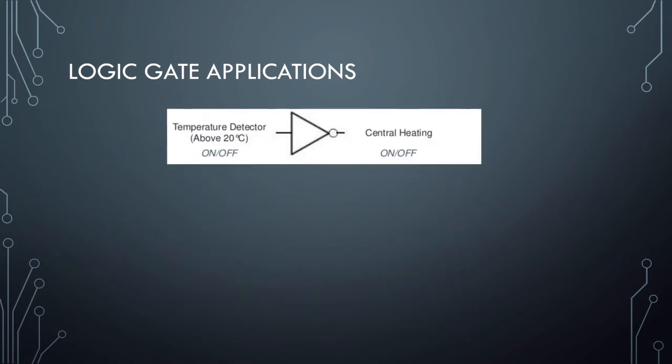And here in this last application, we have a NOT gate, and we're considering a temperature detector. That's going to be our input. And the temperature detector is looking for a temperature that's above 20 degrees Celsius, which is about 70 degrees Fahrenheit. And then we have our central heating system, which turns on or off based on the input of the temperature detector.